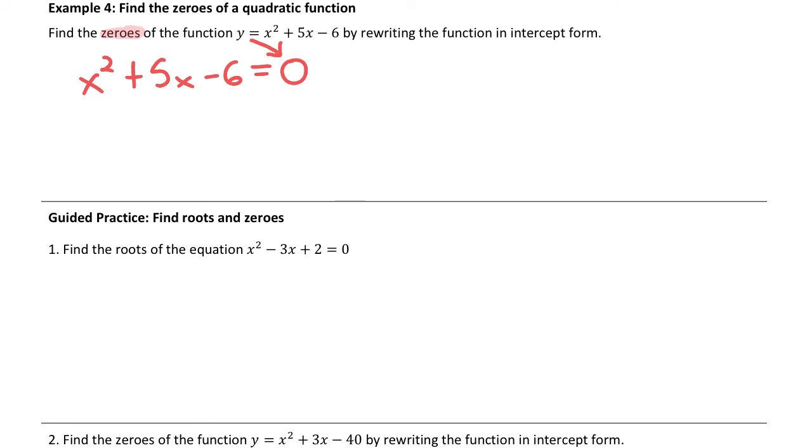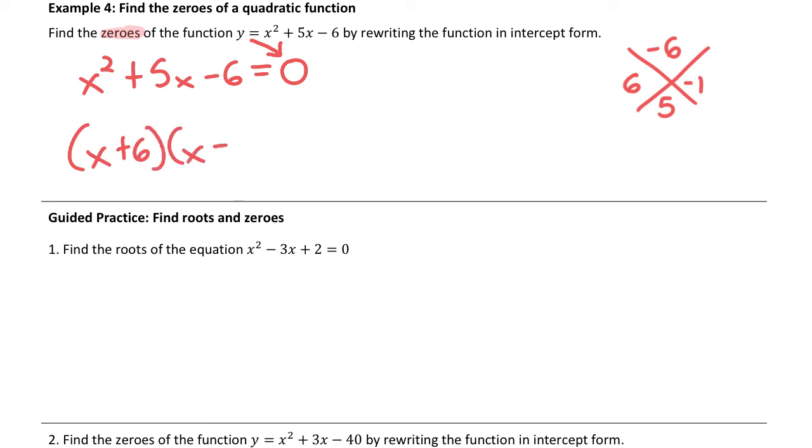So, another factoring. Numbers that multiply to be negative 6 and add to be positive 5. When we think about that, one has to be positive, one has to be negative. So I'm going to think 6 and negative 1, because 6 minus 1 is 5. So my factored form is x plus 6, x minus 1 equals 0.